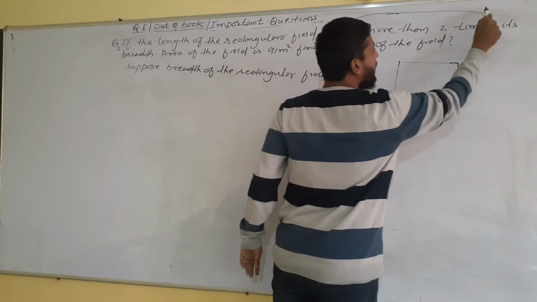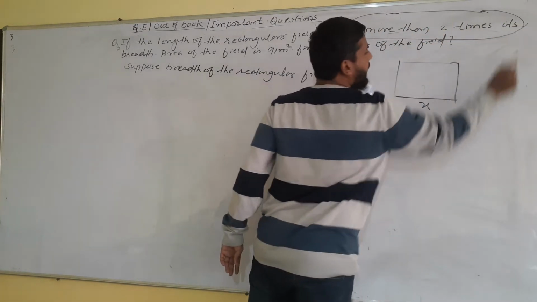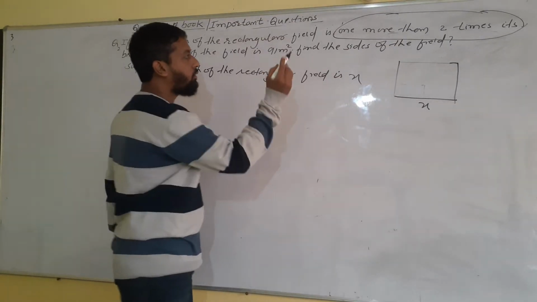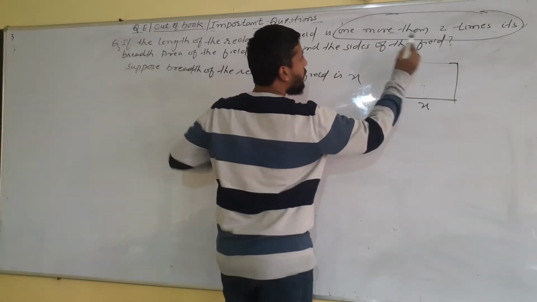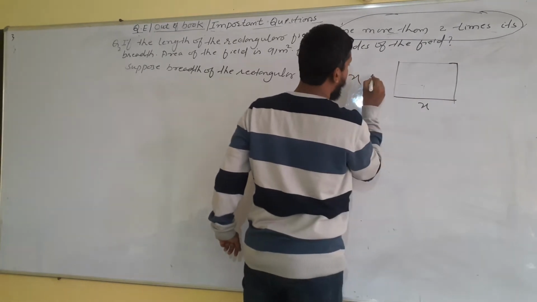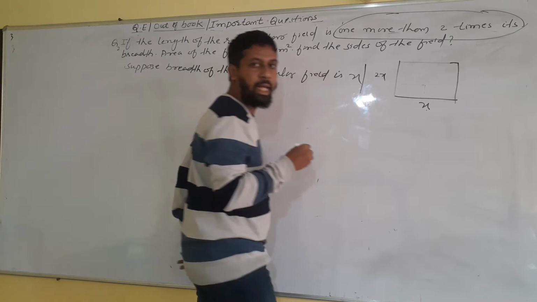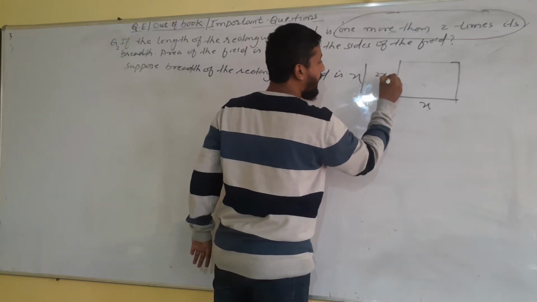This sentence we have to convert into the mathematical form. Now see here, length is 1 more than 2 times its breadth. 2 times its breadth means 2 into x, and 1 more means plus 1.